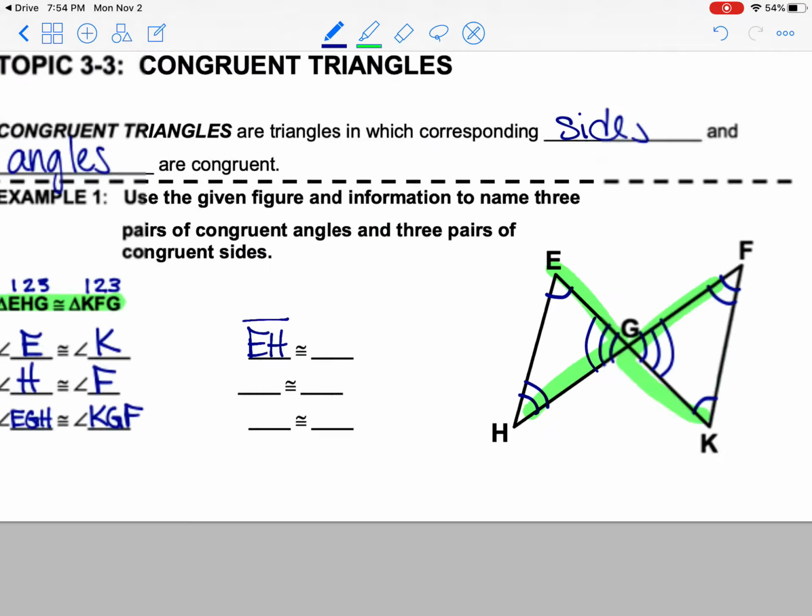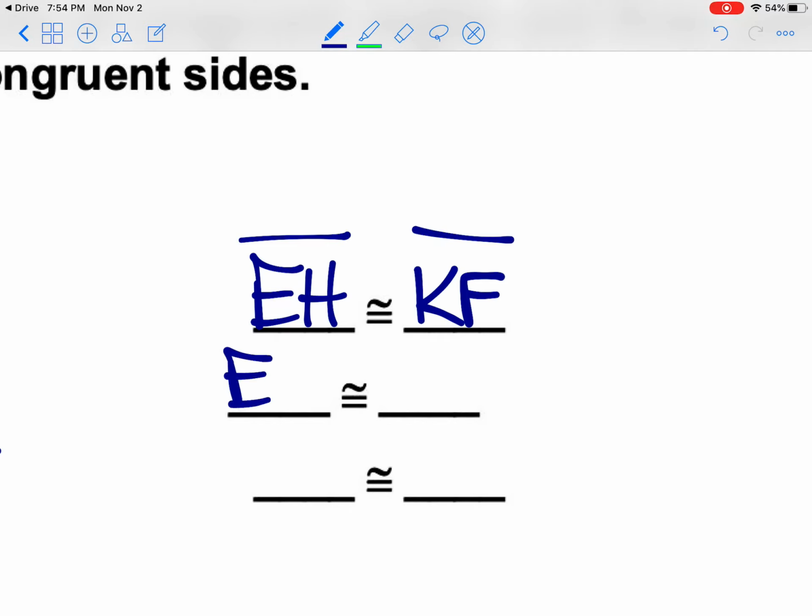Then E to G corresponds to K to G, because the E and the K are corresponding. And for the third side, H to G, if we start with H, then we need to start with F on the other, so HG and FG. We're just listing out all the different side combinations and who they correspond to, to show that they're congruent on either side of those triangles.